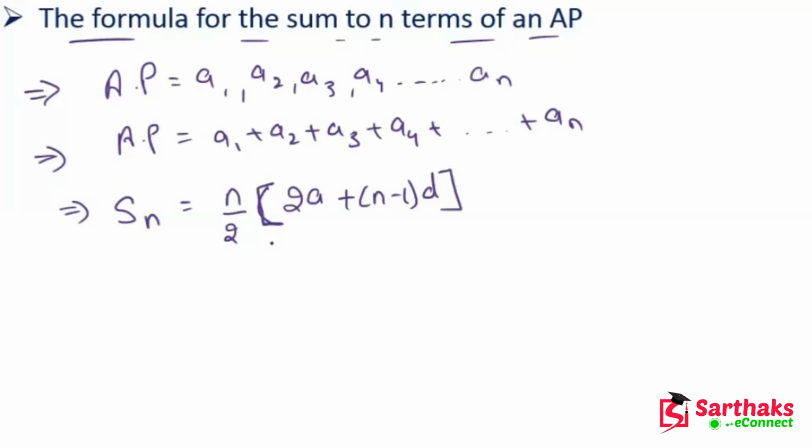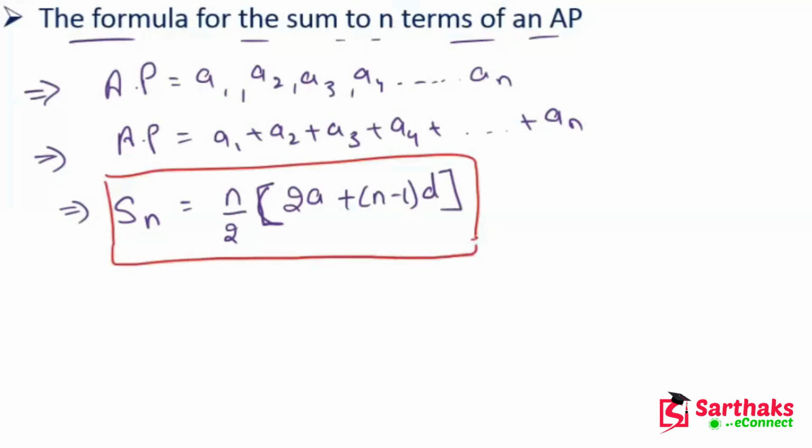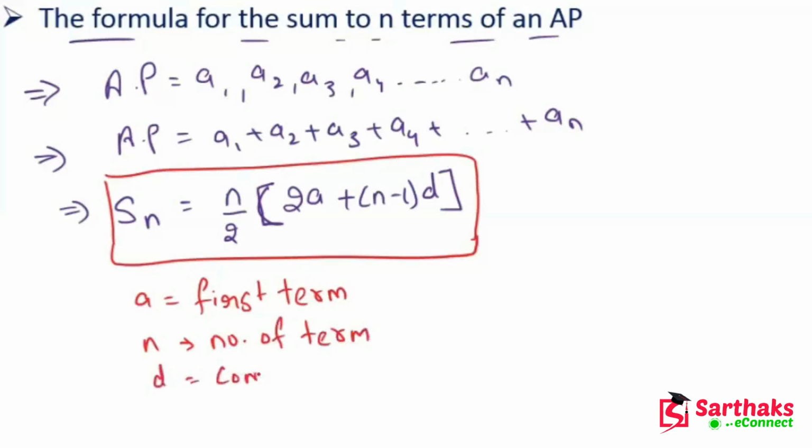So this is the formula from which we can easily find the sum of the arithmetic progression. I hope you get this point. Here a is our first term, n is the number of terms, and d is our common difference.